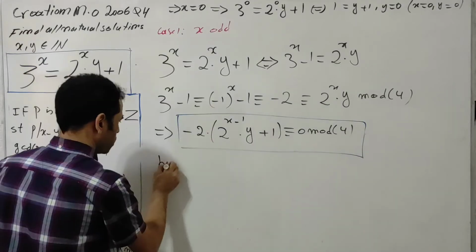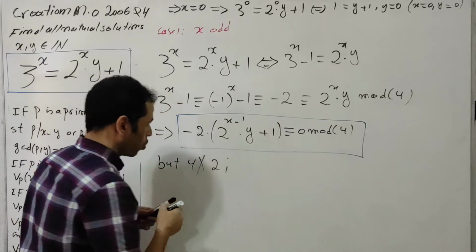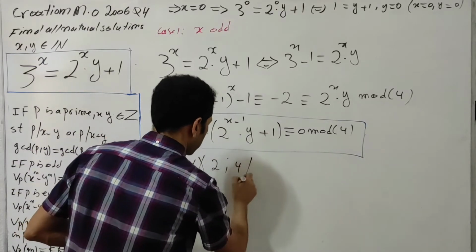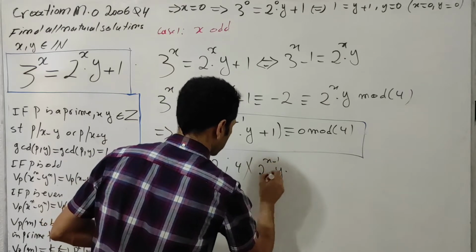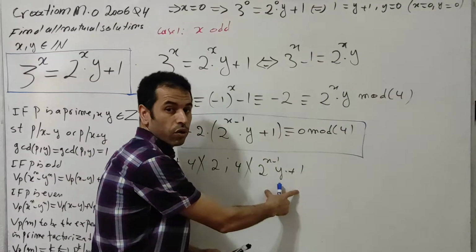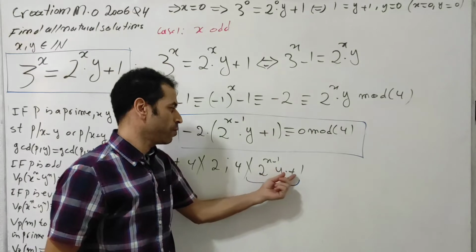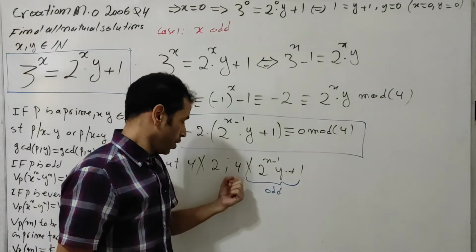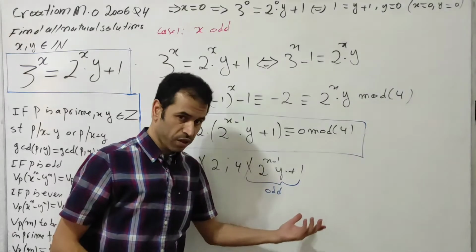And 4 also does not divide this term, 2 to the x minus 1 multiplied by y plus 1, because this one is odd. Because 2 to the x minus 1 multiplied by y is even, plus number 1 becomes odd. You will never find even dividing odd, but you can find odd dividing even.